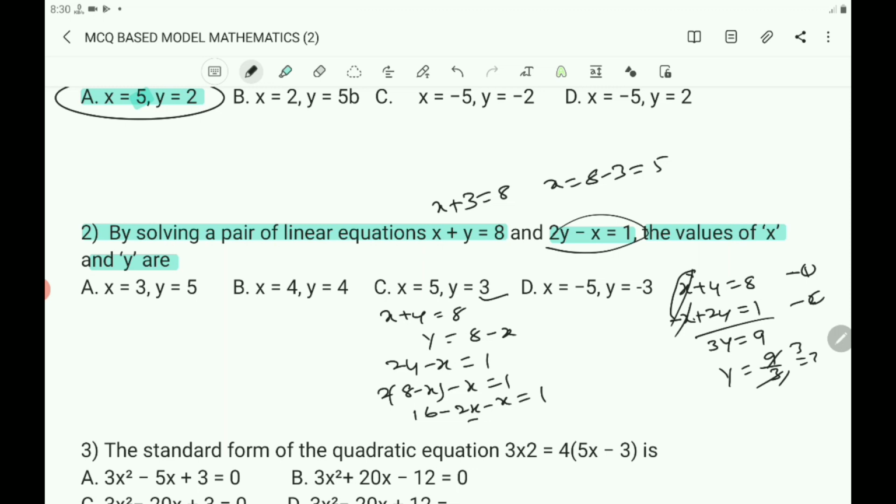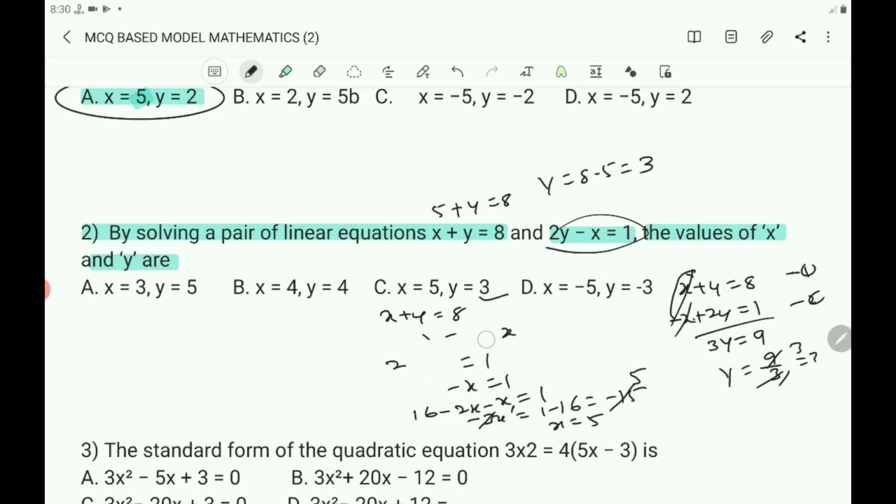That becomes minus 3x equals 1 minus 16 equals minus 15. Then minus 3 5s are minus 15, so you got x equals 5. Then 5 plus y equals 8, then y equals 8 minus 5 equals 3. So you got x equals 5, y equals 3.